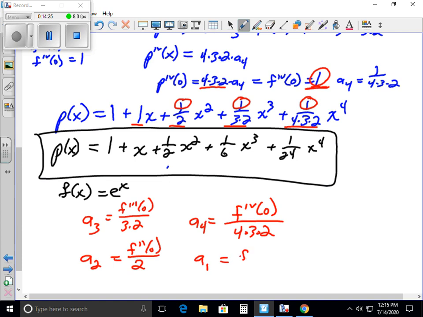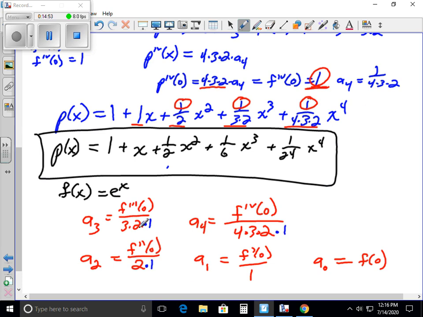A sub 1 was our first derivative at 0, and it was just that, but we could say that was over 1. And then what about our 0th? Well, that was our function at 0. But notice our denominators. We could put a 1 there, a 1 there, a 1 there.